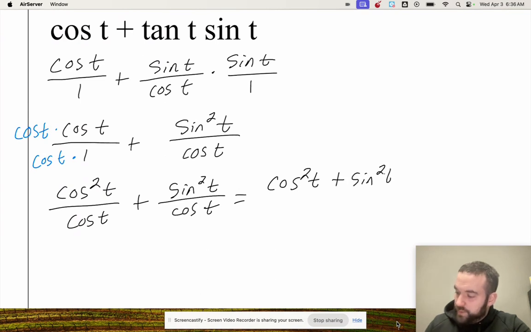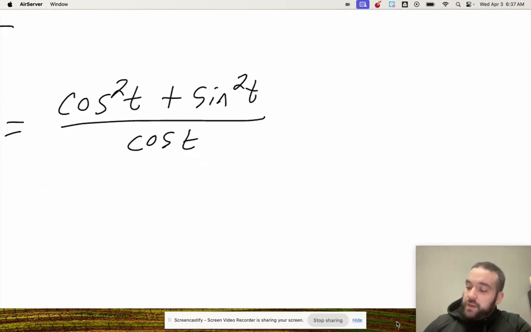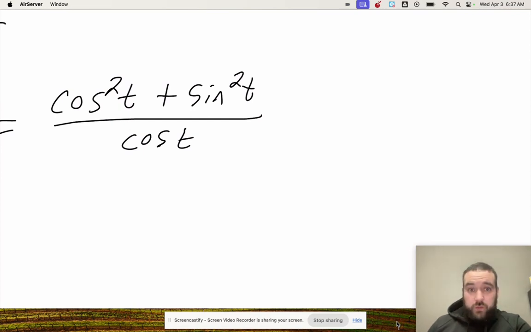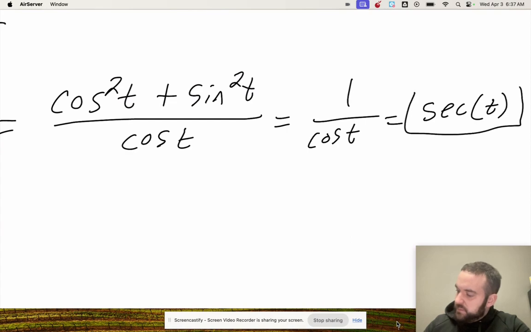I'm going to write it out once, or write it out with the consolidated fraction, just to really reiterate the fact that when we add those fractions, the denominator is common, but it stays the same. So then from here, I know cosine squared plus sine squared is equal to 1. So this becomes 1 divided by the cosine. And that, of course, can be written as the secant of t.